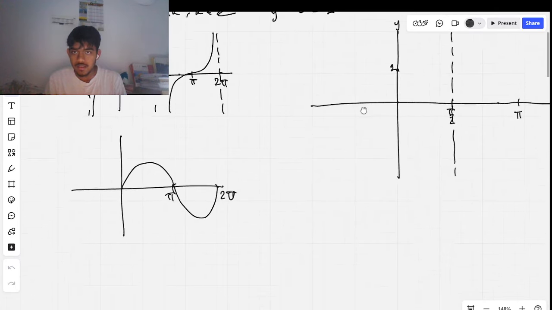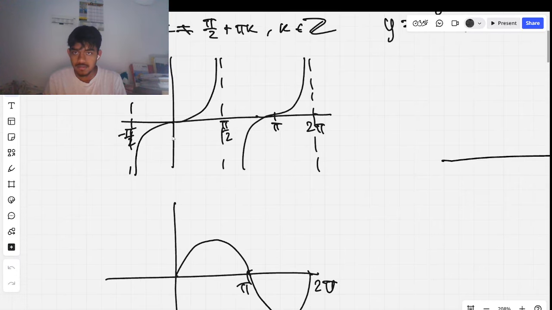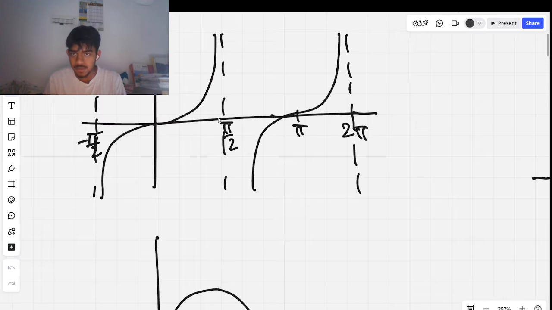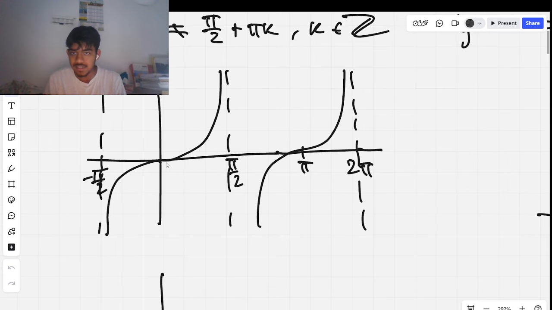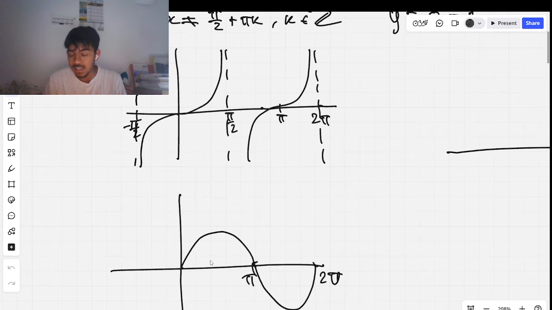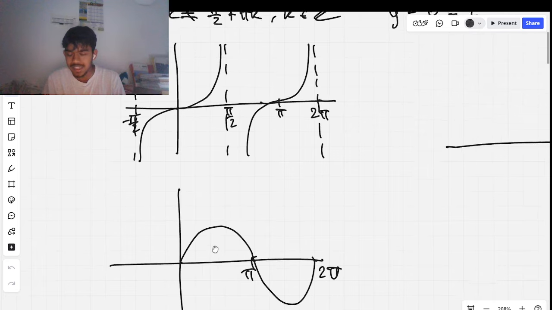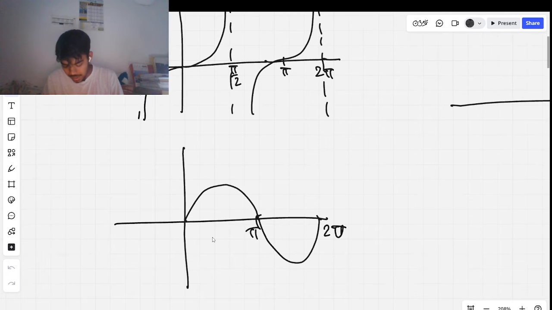Between 0 and pi by 2, tan tends to grow, and it is basically the same for sine. But the only difference here is that tan grows indefinitely, it tends to infinity. But at pi by 2, sine reaches its maximum value, which is 1.